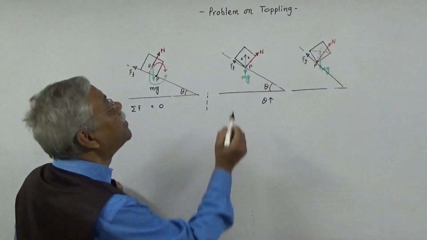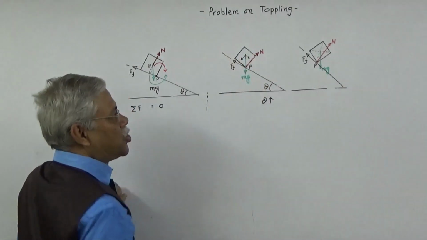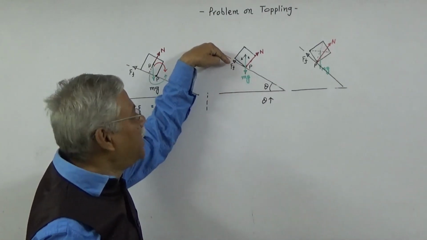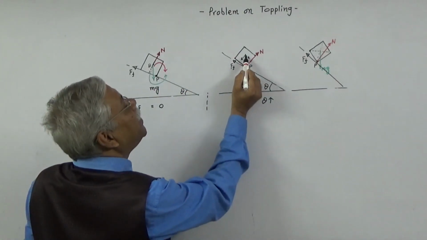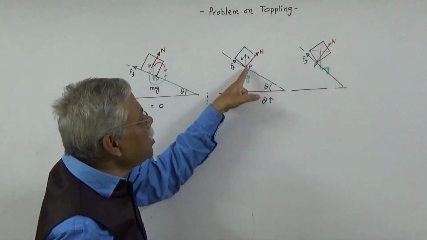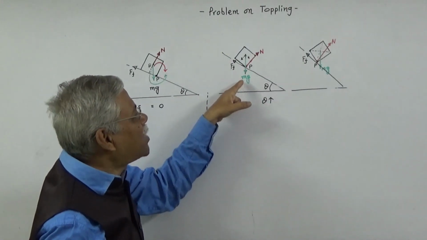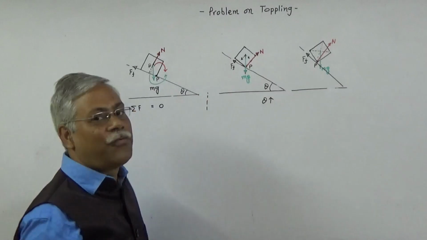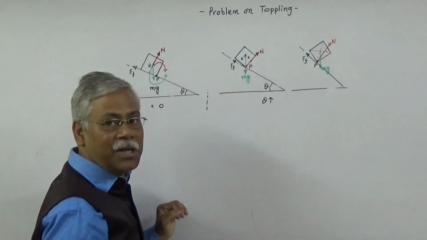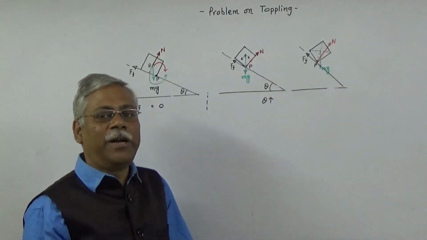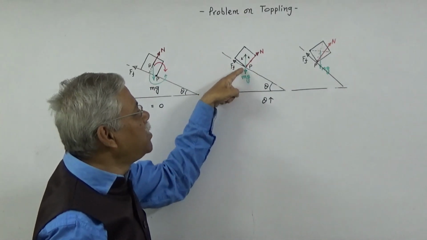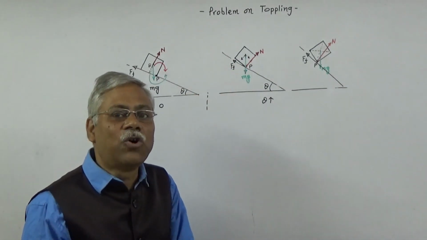Since it is on the verge of toppling, the rear end of the body has gone up, it has been detached from the surface, and mg, which is acting through the center of mass of the body, is just passing through the point P. The line of action of mg is passing through the point of contact, and since the block is touching the incline only at the point P, the normal force also passes through the point P. So about the point P, torque of N is 0, torque of mg is 0, and torque of the force of friction is also 0.